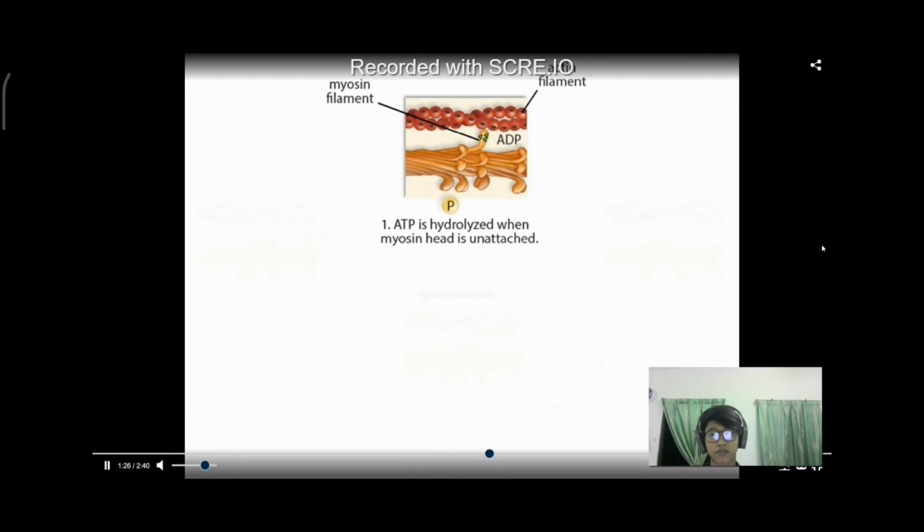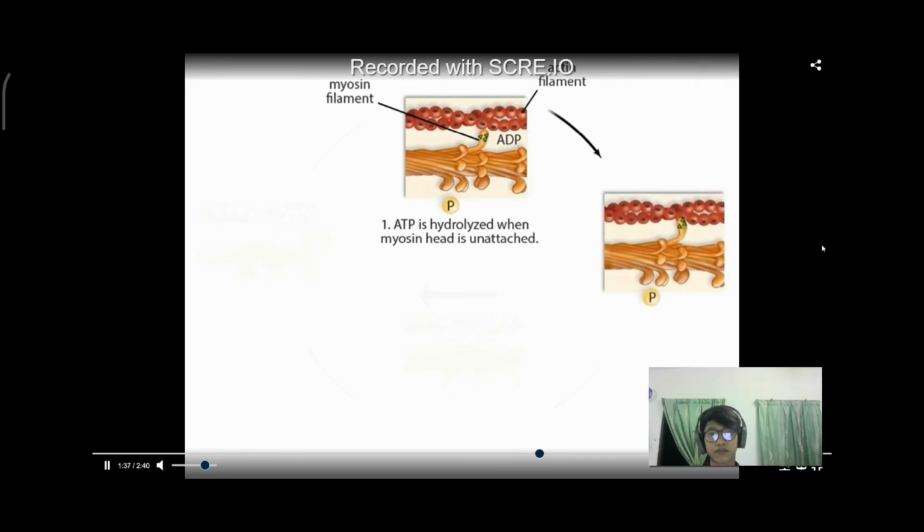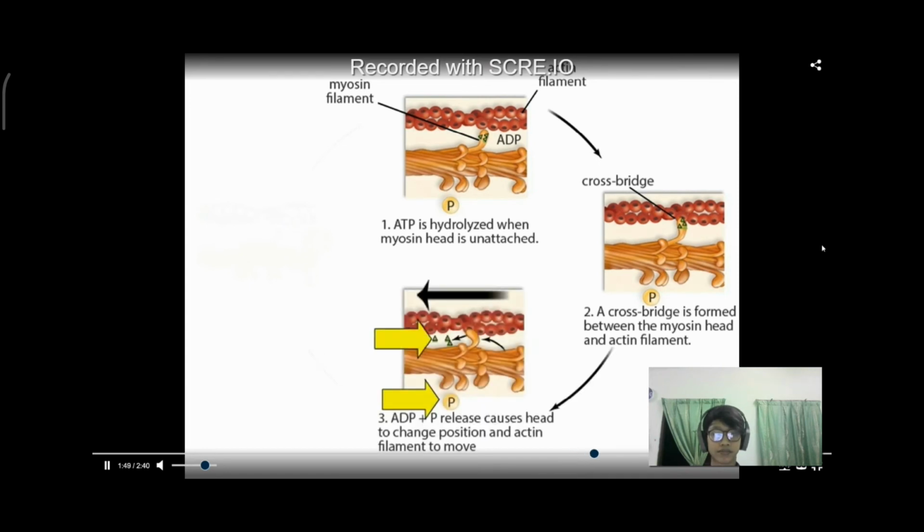When ATP binds to these heads, an ATPase enzyme splits ATP into ADP and phosphate. Remember that the calcium ions expose the myosin binding sites on the actin filament. The breakdown of the ATP on the myosin filament allows the myosin heads to attach to an actin filament. This forms a cross bridge between the two filaments.